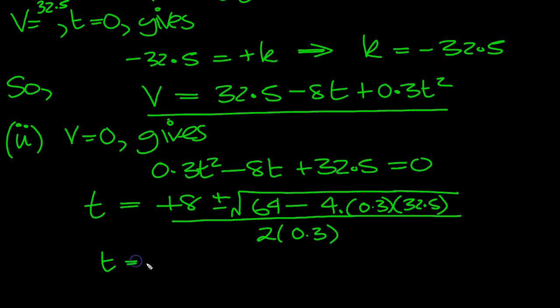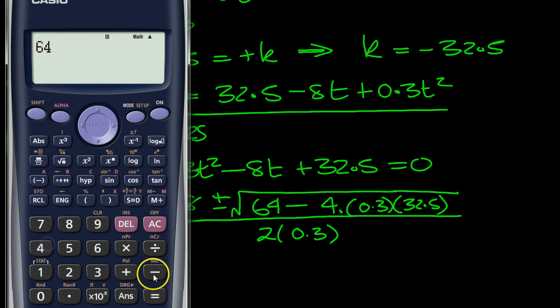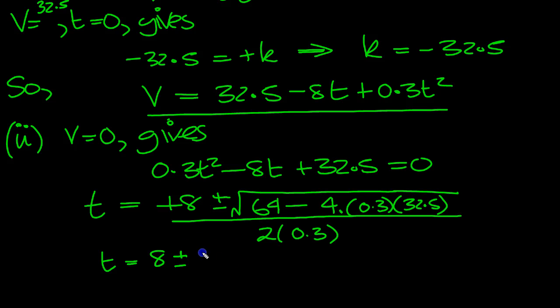So I'm just going to work out this square root. 64 minus 4 times 0.3 times 32.5 is 25, so the square root is 5. So t equals 8 plus or minus 5, over 0.6, which is 3 over 0.6 or 13 over 0.6.